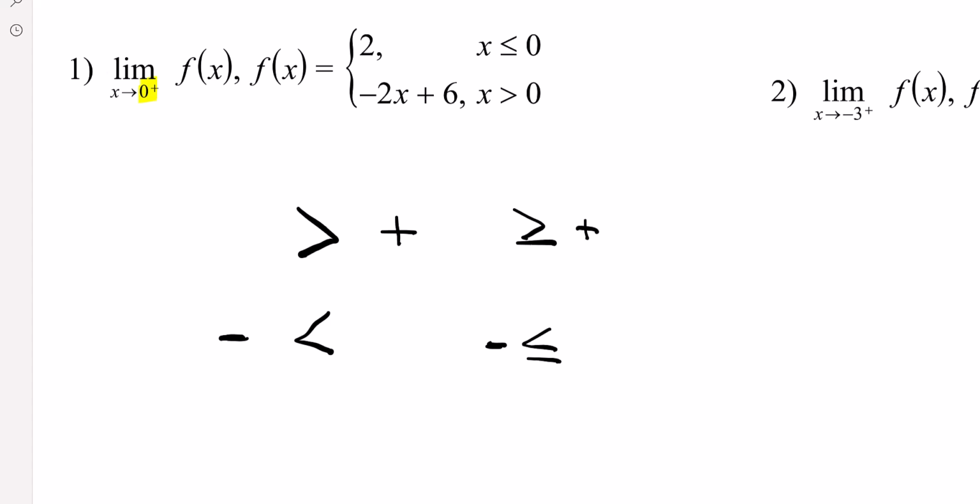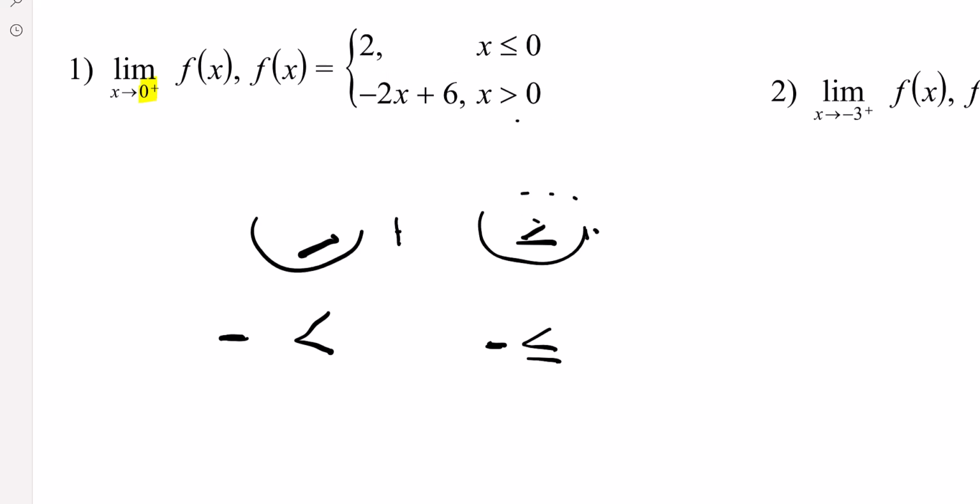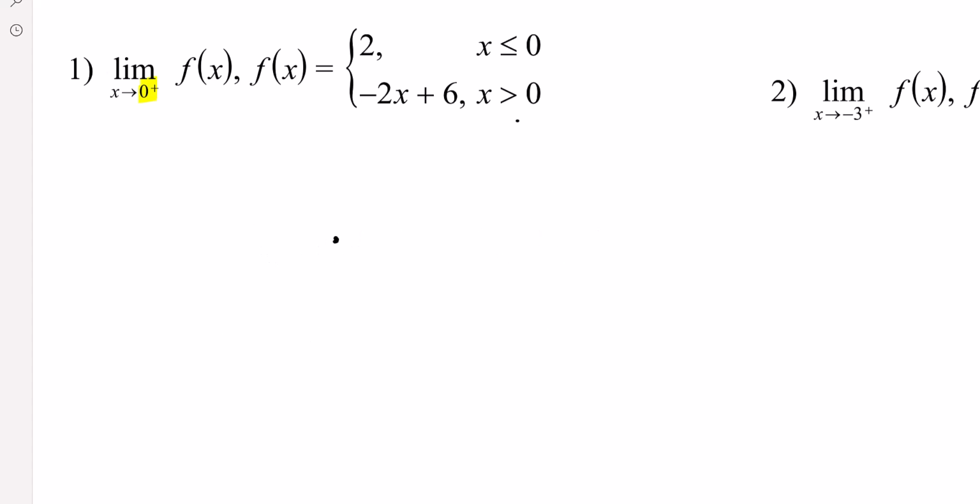So if we want to look at a number from the right, we're going to be looking at this function because this says, oh, you're going to look to the right, the greater side of 0. All right, so that's the cool thing. If you can remember that when you have one-sided limits, you can look at the inequality symbol and that will give you the direction. This is to the right of 0.